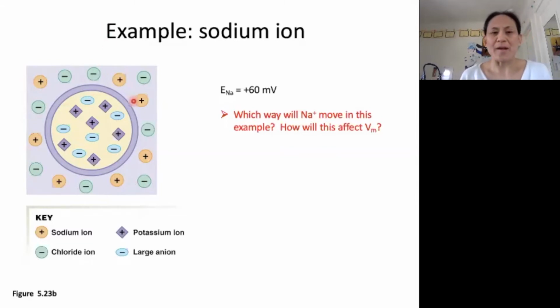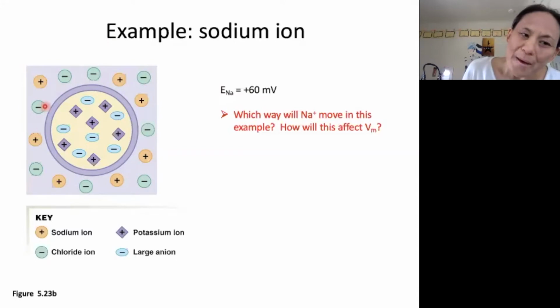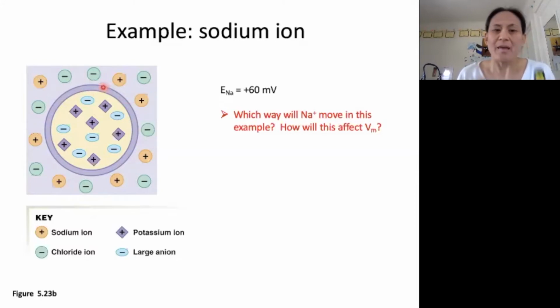I also want to remind you that the sodium equilibrium potential is positive 60 millivolts, which means that sodium then wants the membrane to be at positive 60 millivolts. It's going to be at equilibrium when the membrane is at positive 60 millivolts. Our membrane here is not going to have any channels, so we don't have any channels here.